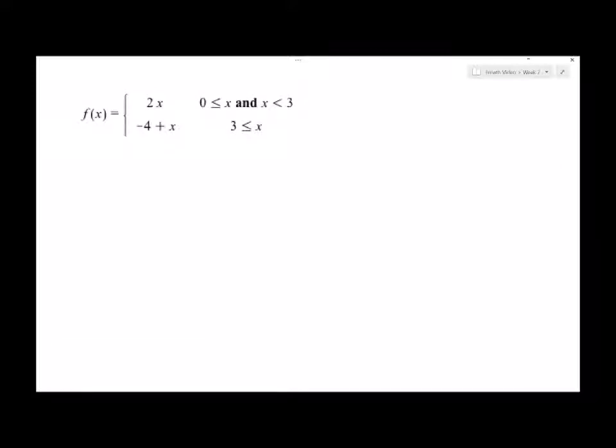So here, again, it's going to be first minus first u of x minus c, which in this case is 3, plus second, so negative 4 plus x u of x minus c, which is 3 in this case.